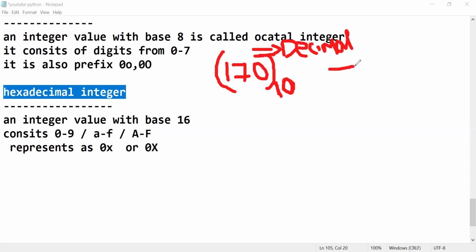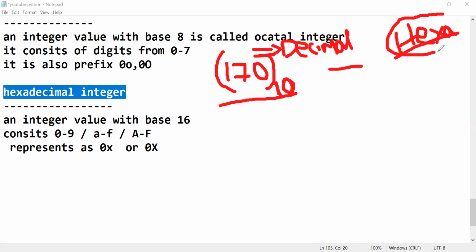Now I am converting this decimal integer into hexadecimal. Please listen carefully, I will explain. First of all, if you want to convert one integer into another, you have to know your destination.